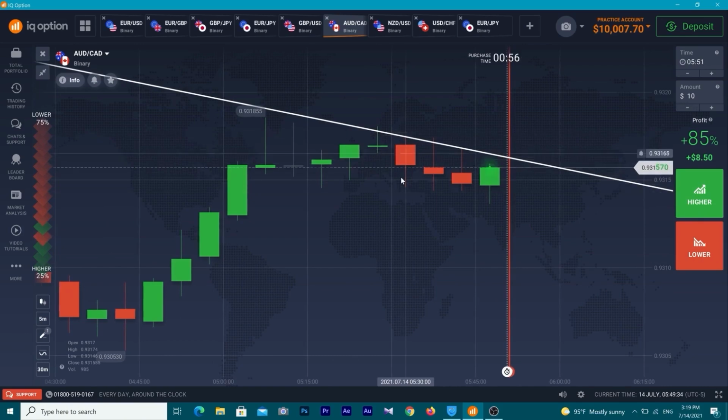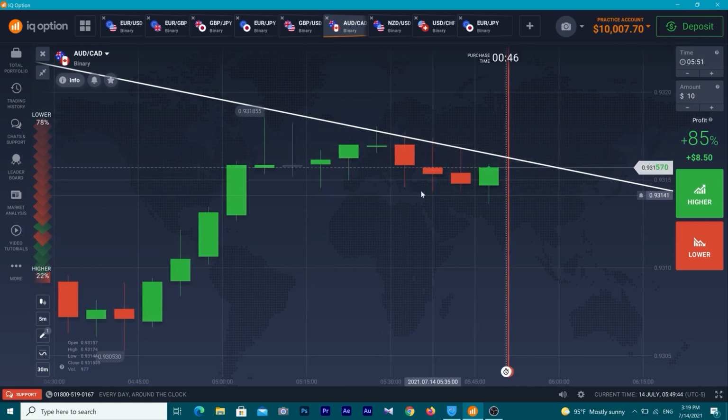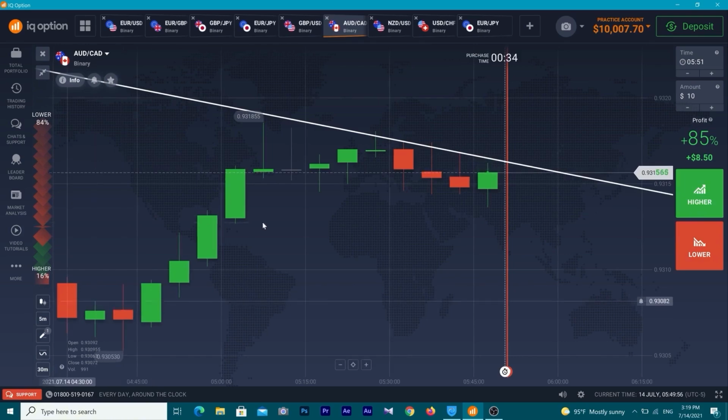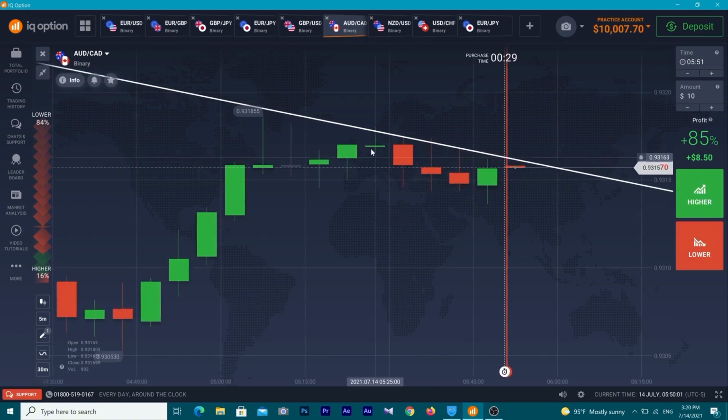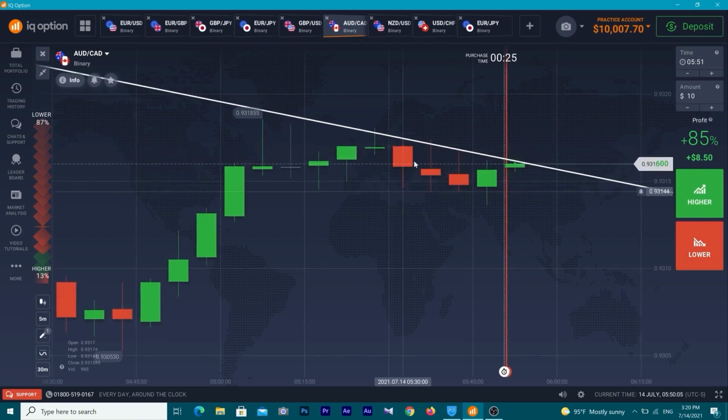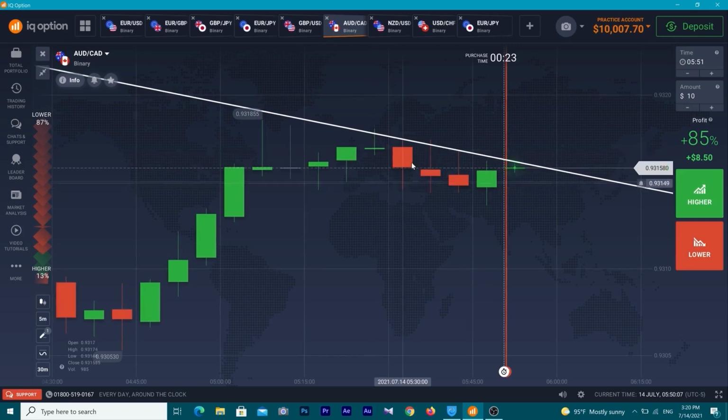It means we see a red candle here that has a body larger than the green candle that touched the line. After this red candle closes, we can enter a sell trade for 2 or 3 times the length of our candle's time frame. Here, our time frame is 5 minutes. For example, if this candle wasn't a doji but a regular candle, and this red candle had a larger body, I could have entered a trade for 5 or 10 minutes and made a profit.